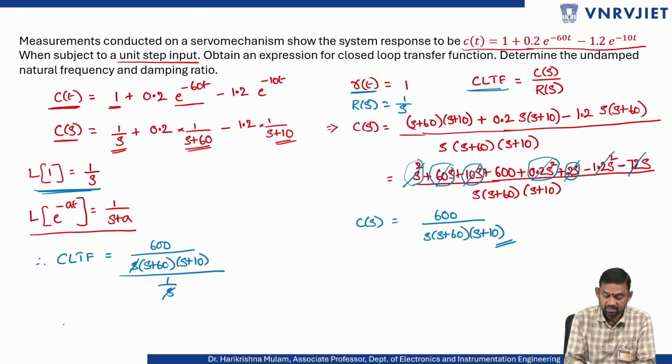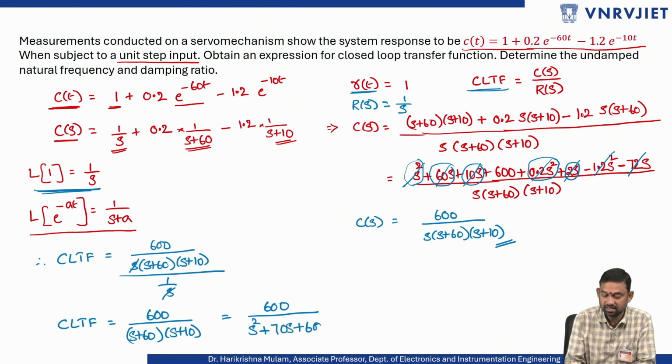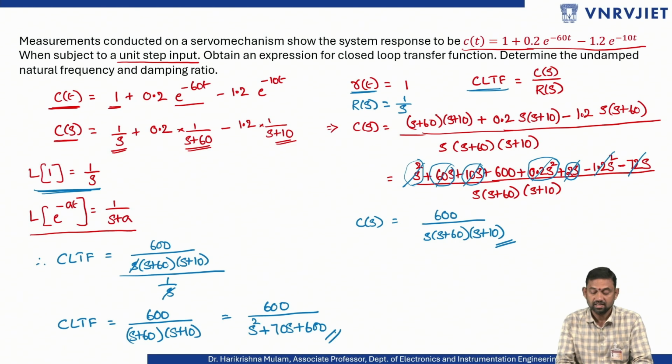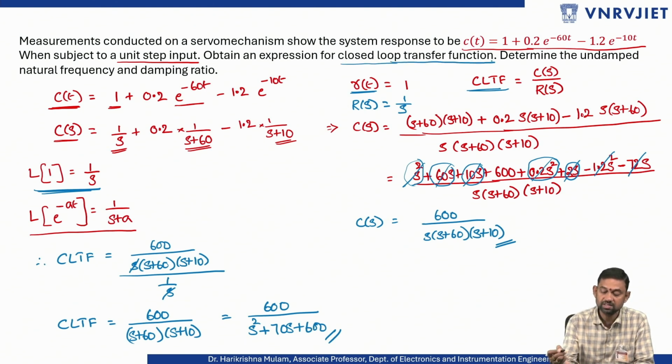Therefore finally closed loop transfer function of this system is 600 by (s plus 60) into (s plus 10), which can also be written as 600 by s square plus 70s plus 600. This is the closed loop transfer function of this particular system. So we have found the expression for closed loop transfer function of the system.